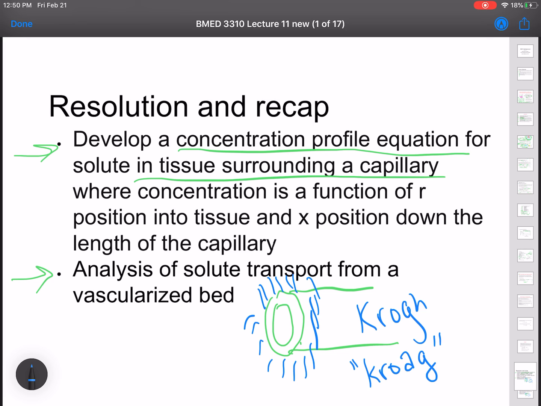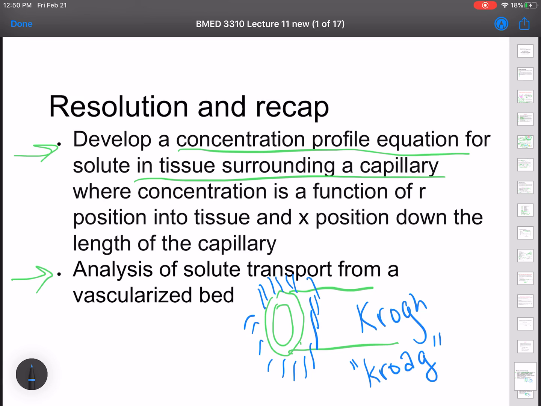Pronunciation's hard. And so that's sort of like a standard model that you'd see and use. Most people in biomedical occupations or modeling would be familiar with it.